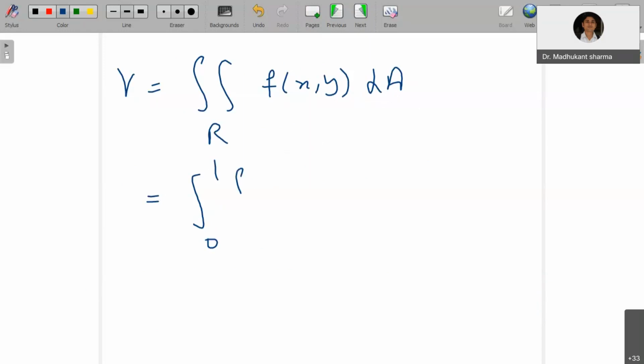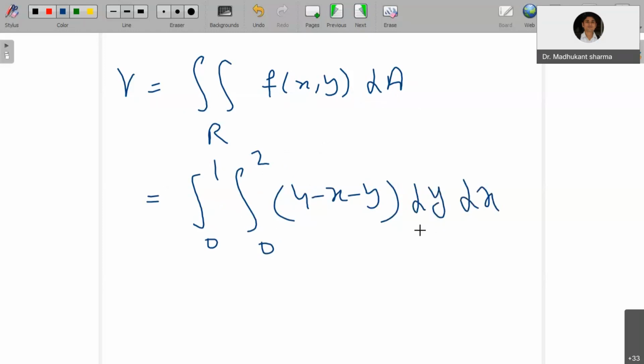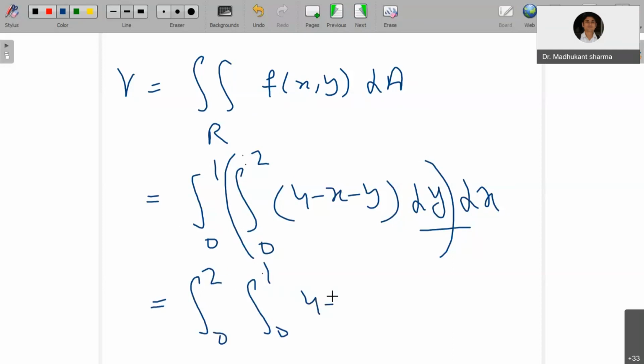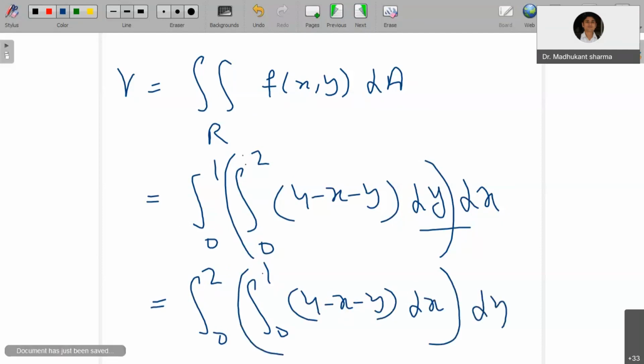So x equals 0 to 1 and y equals 0 to 2, of 4 minus x minus y, and since y is the first limit, you have dy, then dx. You have to write in this order: first integrate with respect to y, and then with respect to x. Both will be the same: integration 0 to 2, 0 to 1, of 4 minus x minus y dx dy.